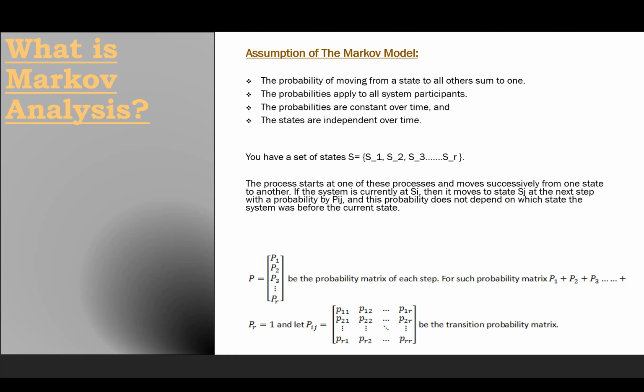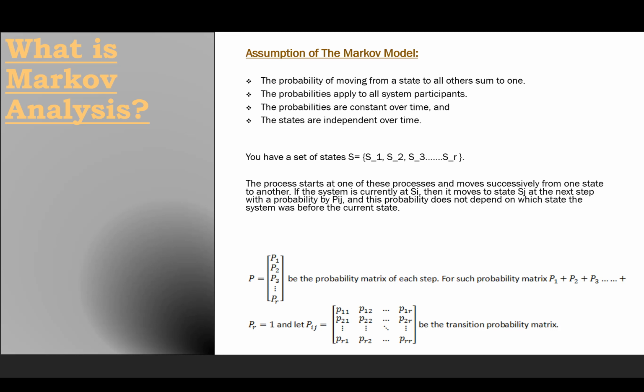For example, you have a set of states, as shown here, S equals S1, S2, S3, and so on. The process starts at one of these states and moves successively from one state to the other. If the system is currently, for example, at Si, then it moves to the state Sj at the next step with a probability, as referenced, Pij.